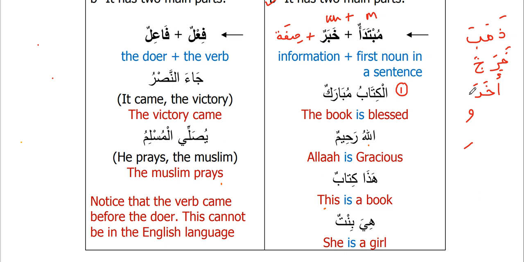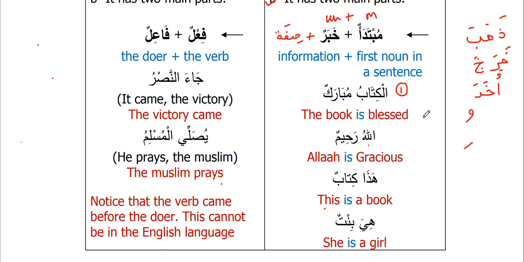This is the most important point to differentiate between a verb and a noun. A past tense verb cannot have a dhamma, cannot have a kasra, and they are always three letters.